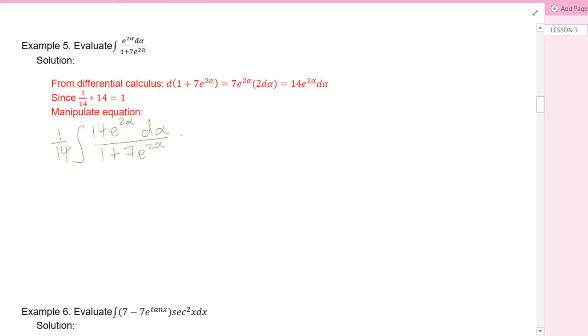Okay, so that is equal to 1 over 14, the ln of the denominator, 1 plus 7e raised to 2 alpha, plus c. Since, class, the differential of the denominator is already the numerator, let us just get the ln, that is your logarithmic rule for indefinite integrals.